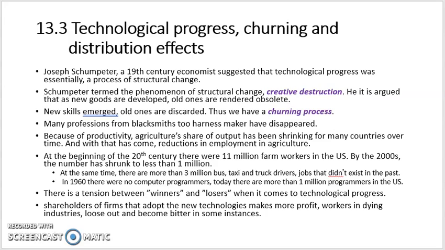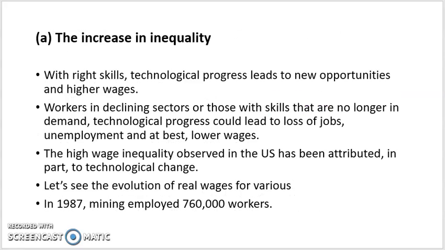Technological progress hasn't only been blamed for unemployment. There's also a different narrative: that with the improvement of technology comes an increase in inequality in the workplace. So let's look at this narrative. This process happens in such a way that for those in growing sectors or those with the right skills, technological progress leads to new opportunities and higher wages.